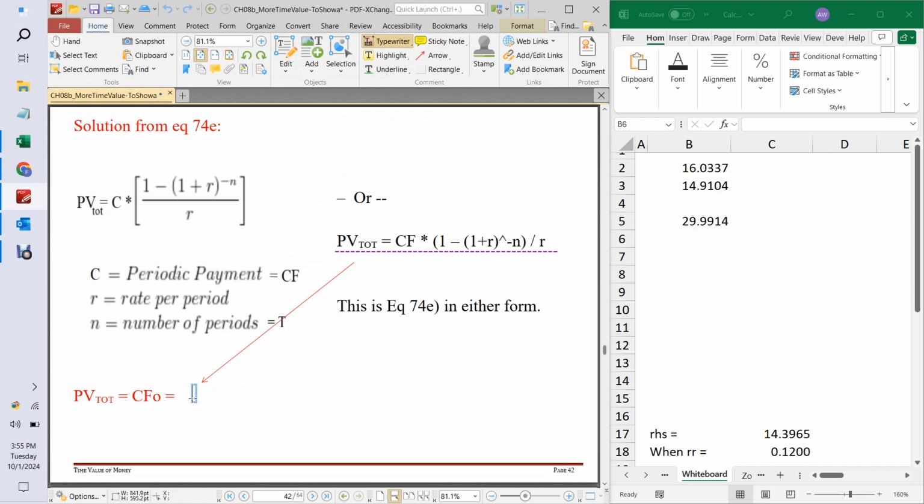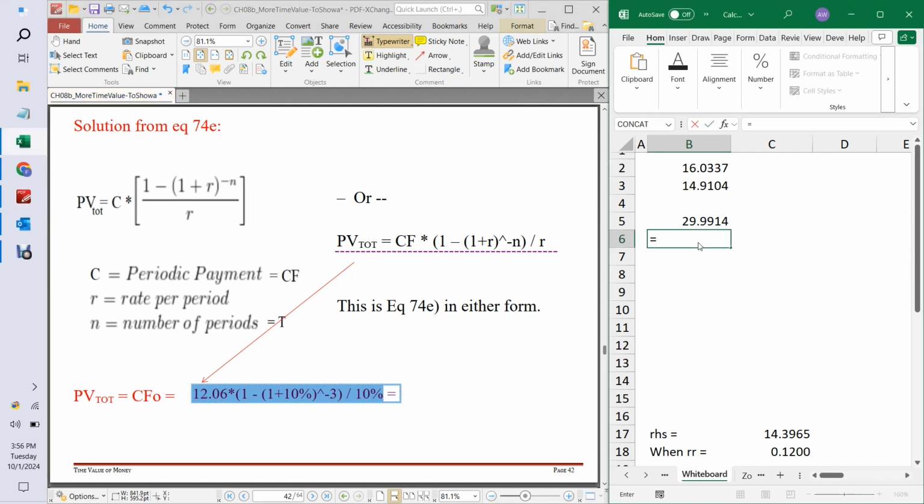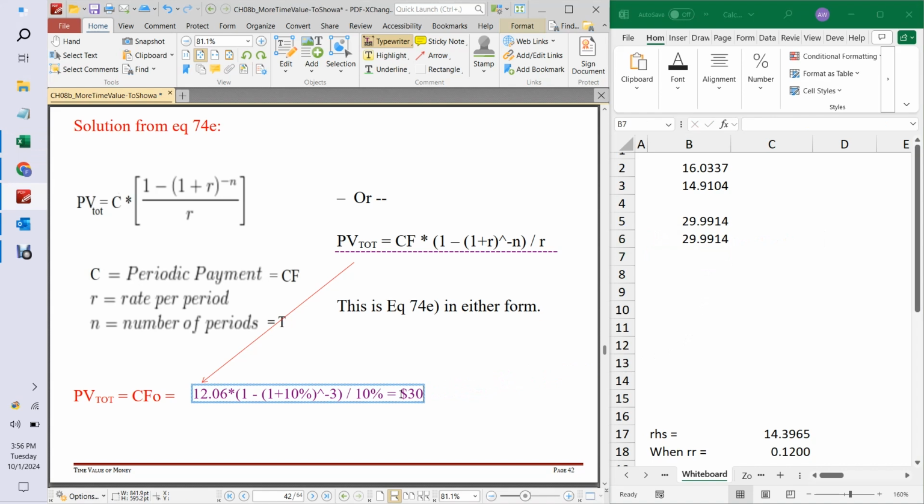The CF is 12.06 times 1 minus 1 plus R, we know R is 10%, 1 plus 10% raised to the minus N, where N is the time period for the mortgage. That's 3 years, so raised to the minus 3, and divided by 10%. I better get 30 for this, or I've made a mistake either here or in my prior calculation. Okay, and I get the same thing. So we have 30.